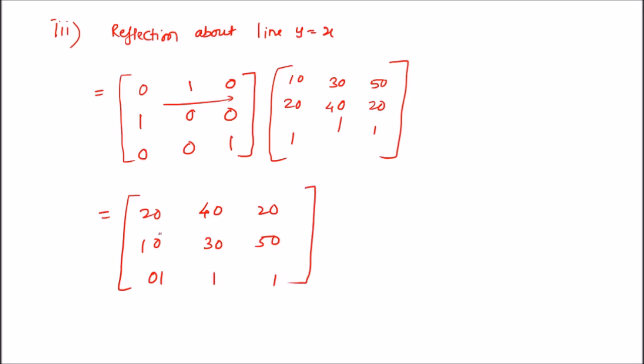So the answer is 20 10, 40 30, 20 50. Whenever you are reflecting about the line y equal to x, the coordinates are interchanged. So x will become y and y will become x. Here earlier x was 10, now it becomes y, and y was 20, it becomes x. So this is how reflection about the line y equal to x happens. You can use this matrix and multiply it.